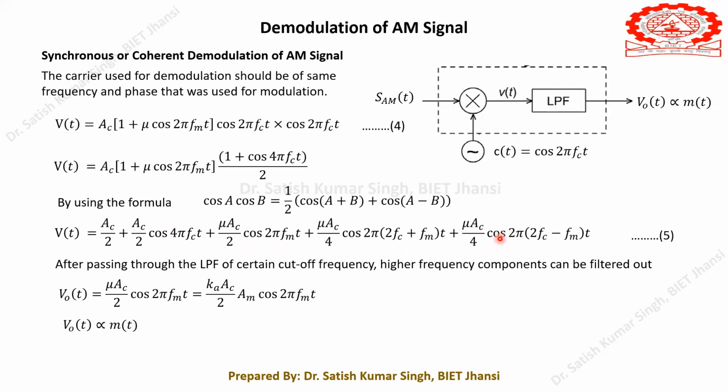As we have already seen, one cosine function gives two impulse functions, one at positive frequency and another at negative frequency. So altogether we are going to get a total of 8 impulse functions, 4 on the positive side and 4 on the negative side. And here we have a DC component, Ac by 2.